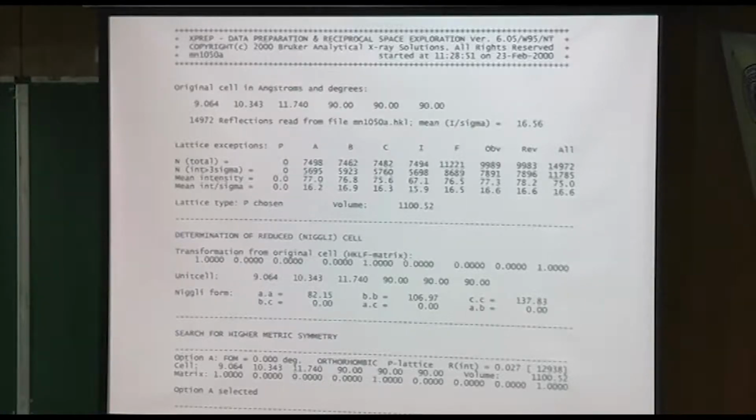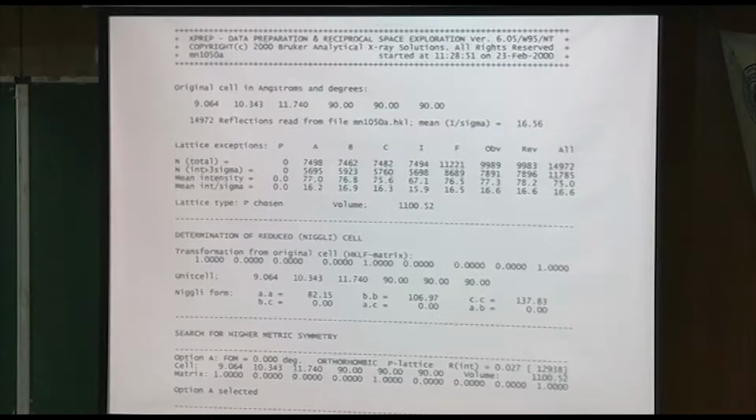Now this was a structure that I did also a long time ago, but XPrep hasn't really changed. I want to point out some things here that you may overlook because you're in a big hurry and you just want to get to the ints file. So here's, again, ABC alpha, beta, gamma. It's telling you how many reflections were read from this file.